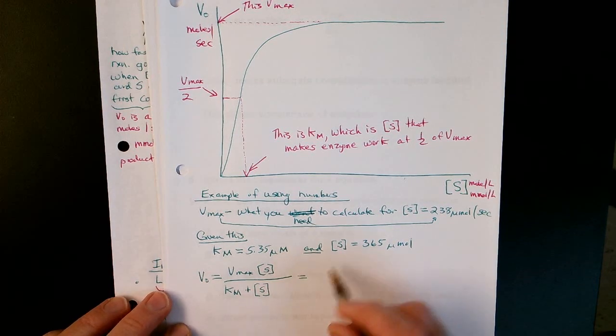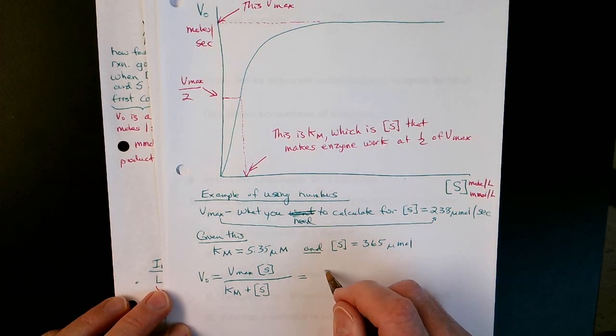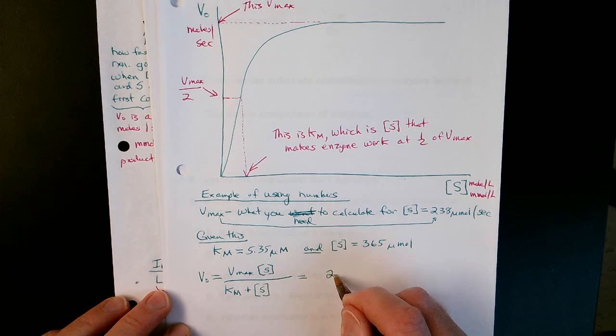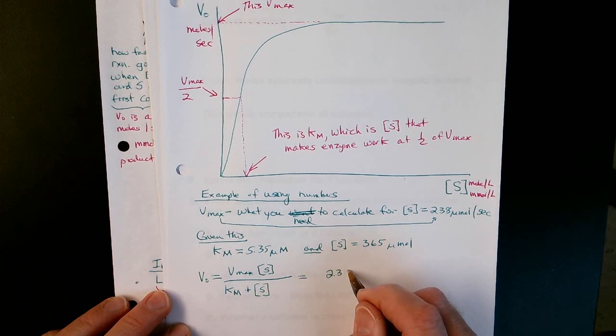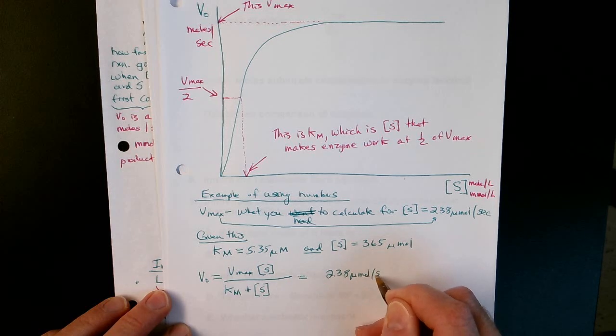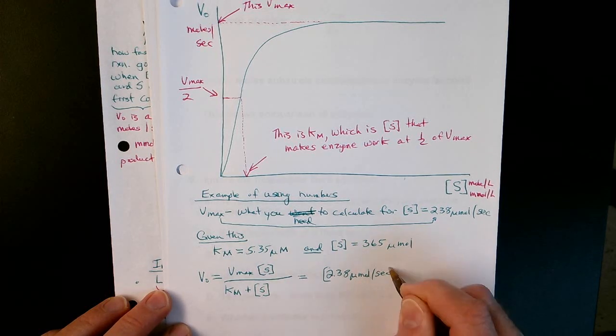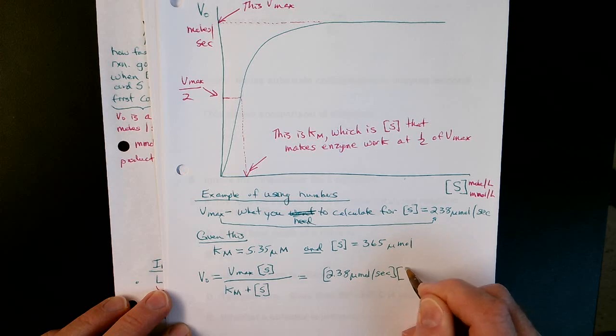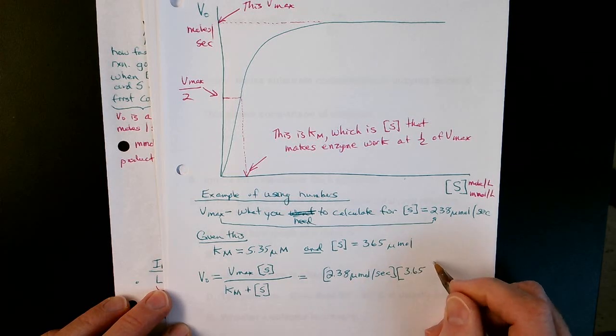Okay, so you drop in the numbers, and let me see if I can leave enough space to label these. In goes the 2.38 micromolar per second. There's one substitution. Here comes the next one, 3.65 micromolar.